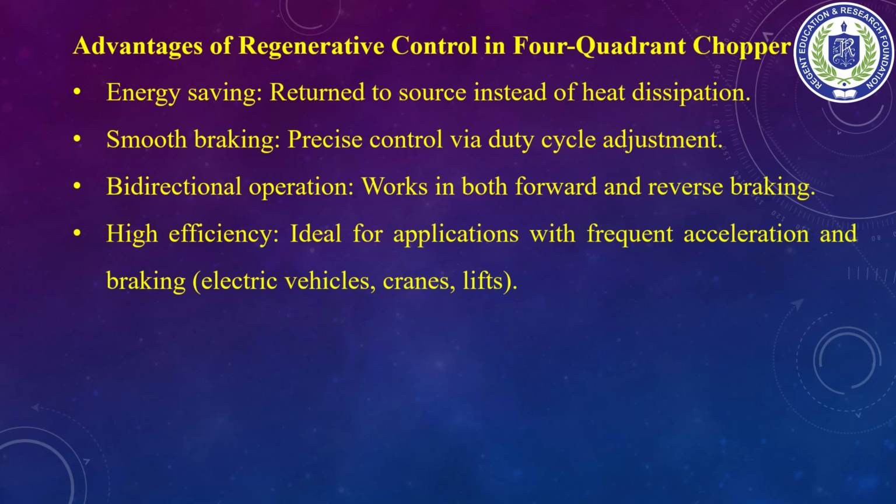Third is bidirectional operation, so one pair of MOSFETs works in both forward and reverse braking. Fourth is high efficiency, which is ideal for applications with frequent acceleration and braking like electric vehicles, trains, and lifts.